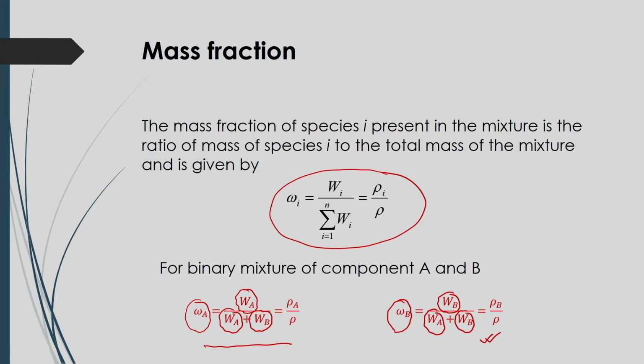Suppose there is a mixture of gases like carbon dioxide, nitrogen, sulfur dioxide, or other gaseous mixtures. In that case you first have to know the mass of the individual gases. If it is known in moles, then you multiply by its molecular weight, and it becomes the mass of that gas.